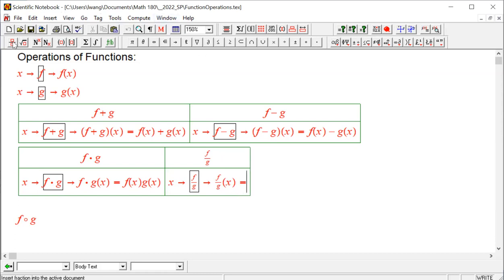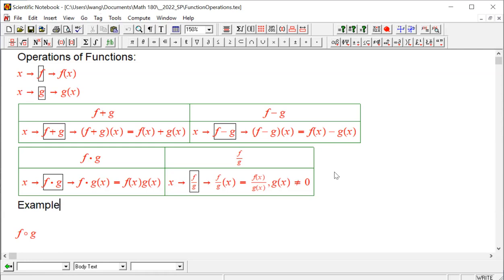It is defined as f of x over g of x. But we must make sure the denominator cannot be 0. We always make sure those basic assumptions are satisfied. I believe these operations are pretty familiar to all of you. I'm just going to give you an example to cover these 4 operations, and then we're going to talk about composition of functions.